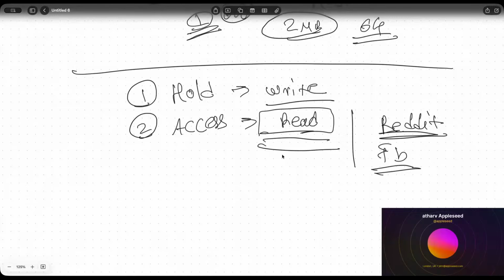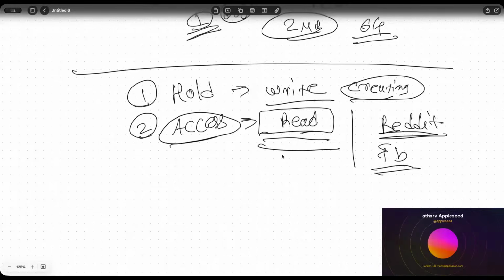So whatever user that is visiting the website is usually only there to access the data. They are not creating data. I mean, there are a lot of people that are creating data, but the amount of people that are consuming that data will skew a lot more than those who are creating.